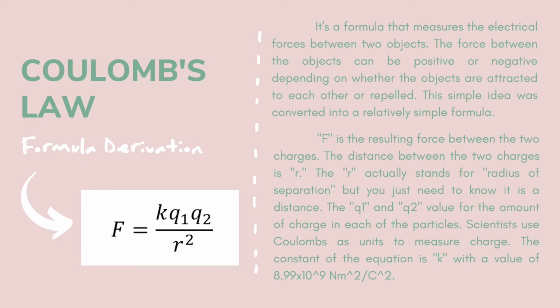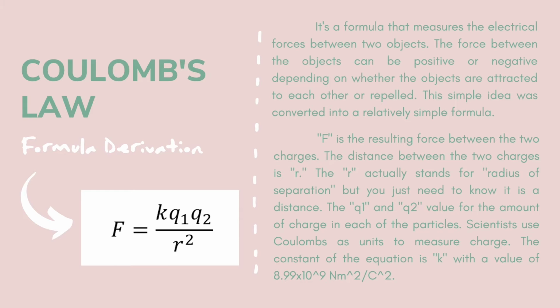So Coulomb's law has this formula that measures the electrical forces between two objects. The force between the objects can be positive or negative, depending on whether the objects are attracted to each other or repelled.